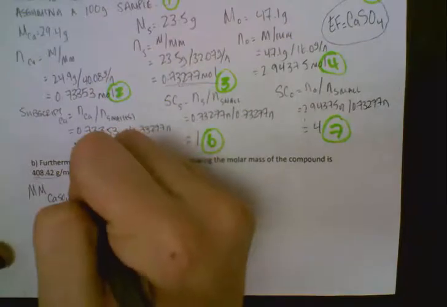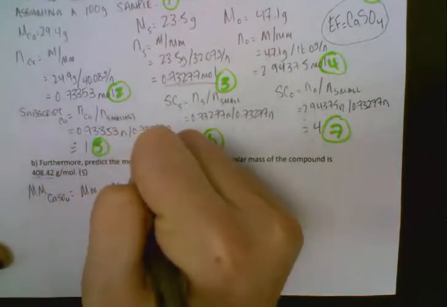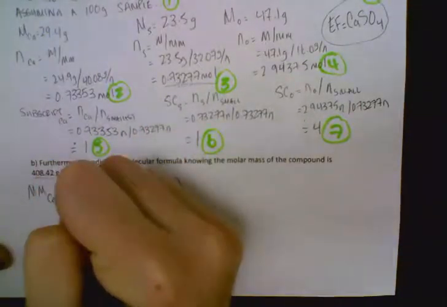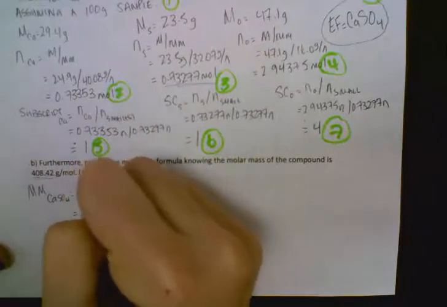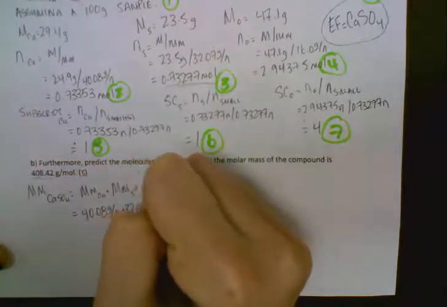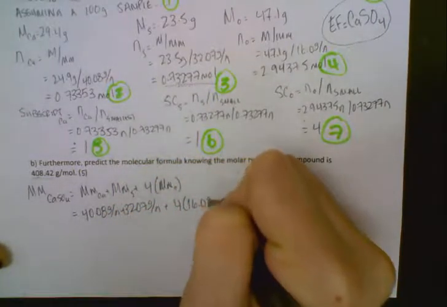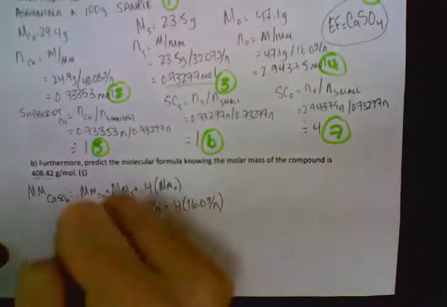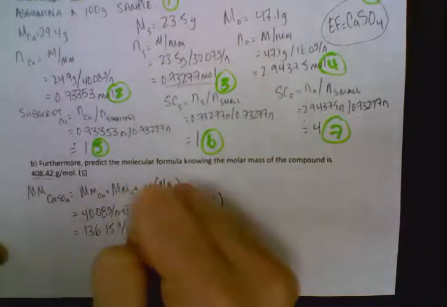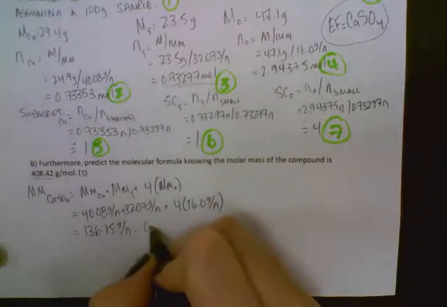Okay, so what we do here is we're going to take the molar mass of calcium, add to that the molar mass of sulfur, and add to that 4 times the molar mass of oxygen, which is going to be 40.08 grams per mole plus 32.07 grams per mole, and 4 times 16 grams per mole, which works out to be 136.15 grams per mole. Okay?